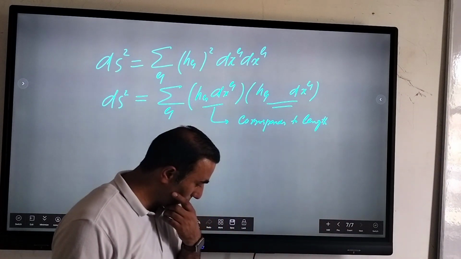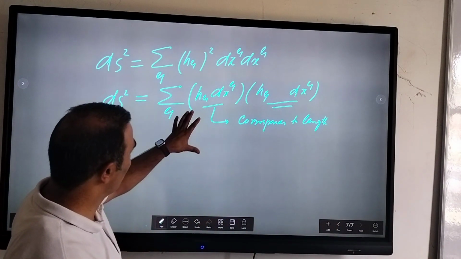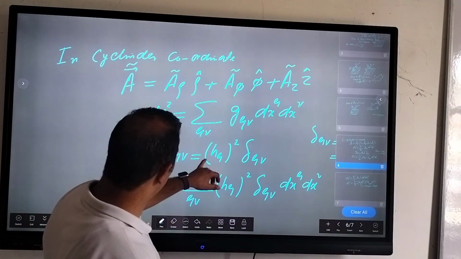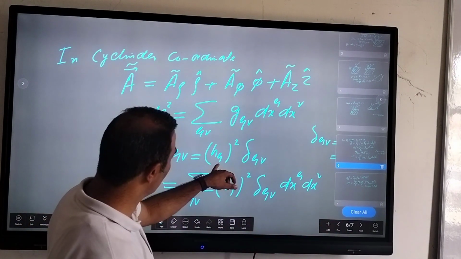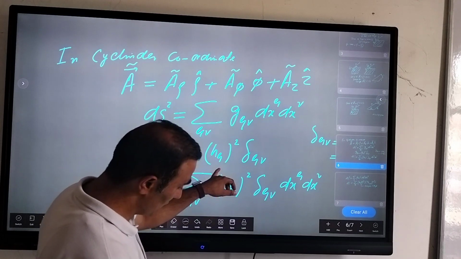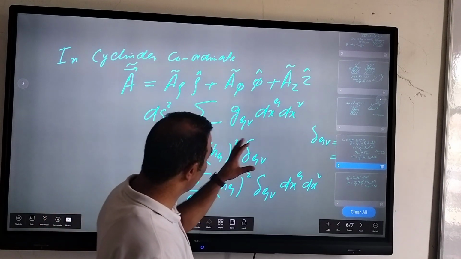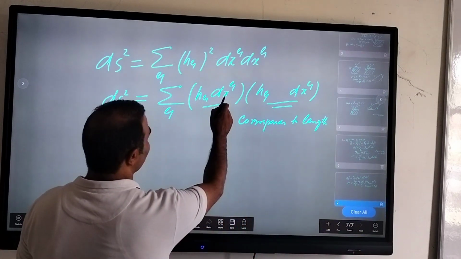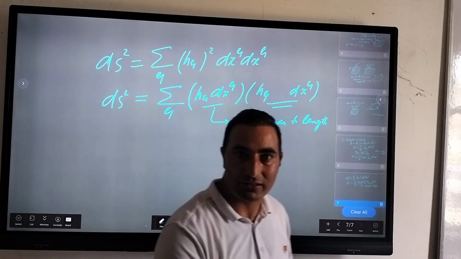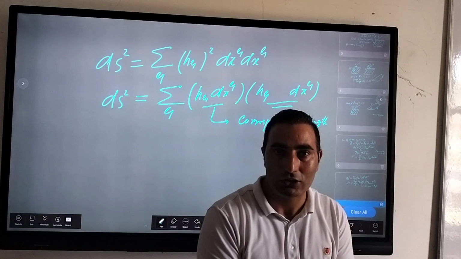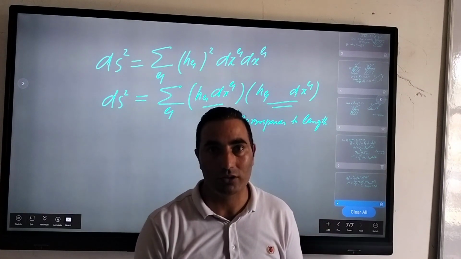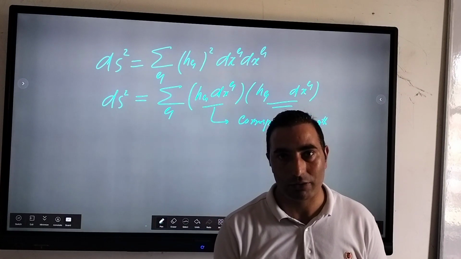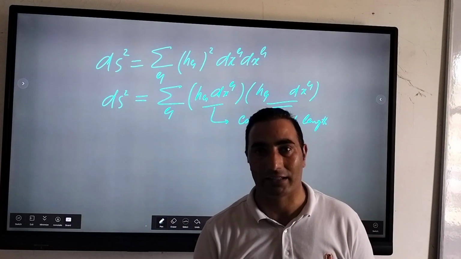So you are saying that this g mu nu, what I wrote here, is equal to this one, right? So this g mu nu converts the differentials. These are differential elements, some dx, dy, or dz, right? So this g mu nu, this matrix or Minkowski matrix, converts our differentials into lengths, right?